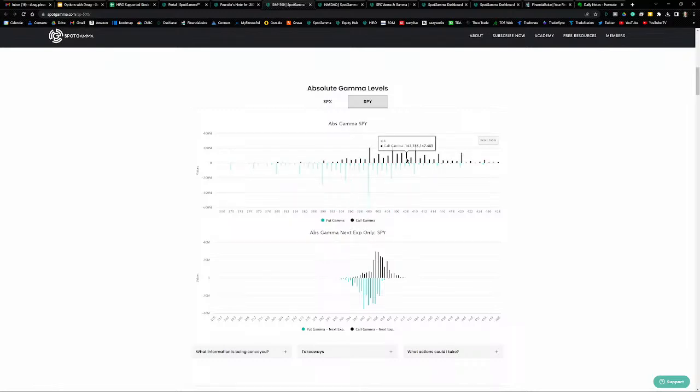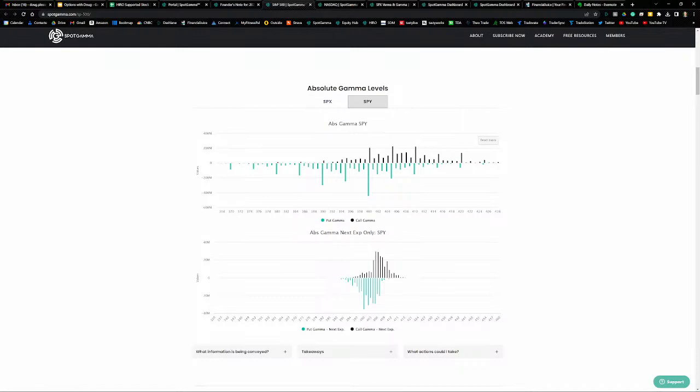And the call wall is still a little bit strange, and it is still at 408. Normally you expect to see these big round numbers for the call wall, put wall, and key gamma strike, like 410, 420, 415, something like that. But anyway, there's the call wall at 408.